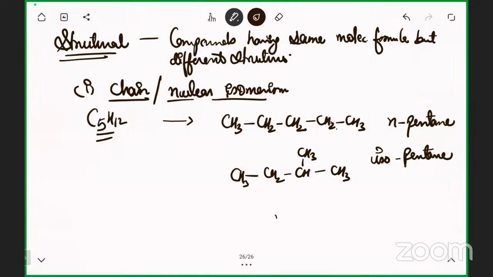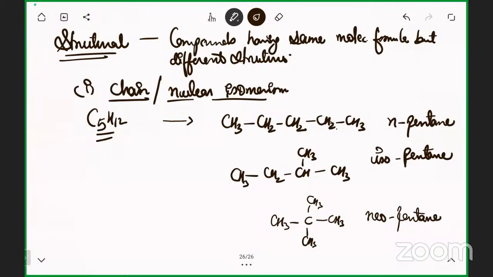What I can also do is CH3, C with CH3 above, CH3 below and CH3 on the right side. Again, the number of carbons is 5 and the number of hydrogens is also the same, 12. The carbon is present above and below on both sides, so this condition is known as neopentane.